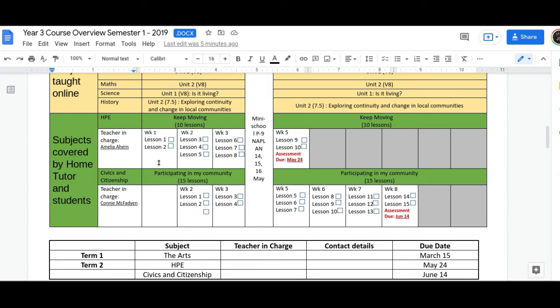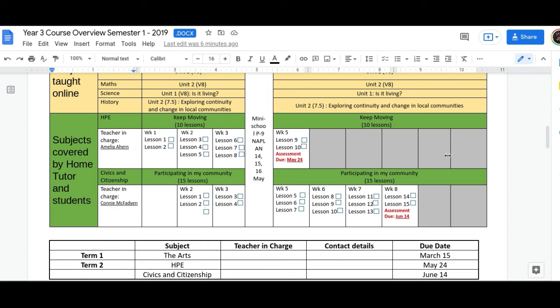I also highly recommend, especially when you see down here, we had more than one unit that we had to do, try and get as much done early in the term as possible so that you can totally start your civics and citizenship here in week 1. There's no reason for you to drag it to week 2. It's much, much better to get started early when the kids are fresh.